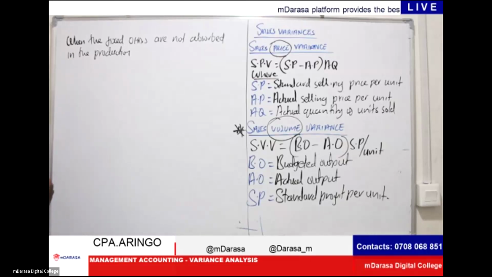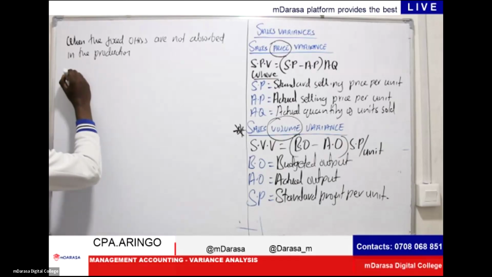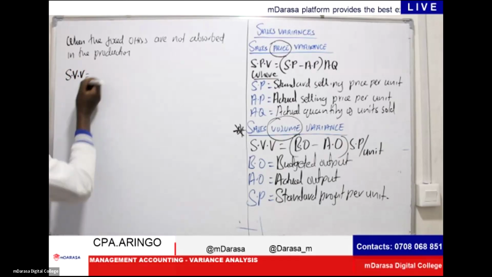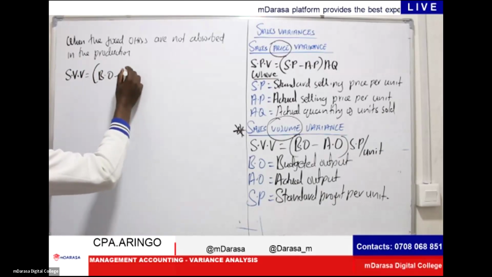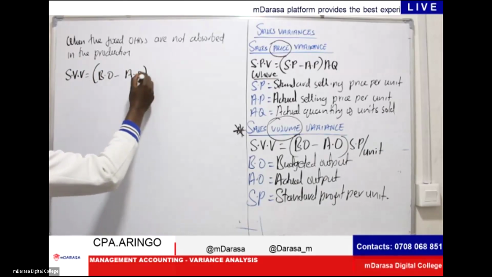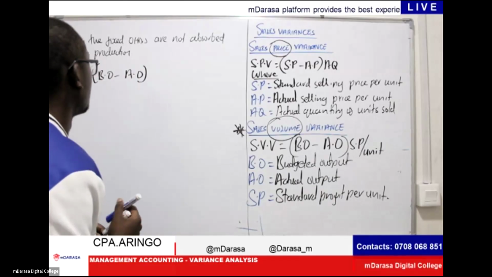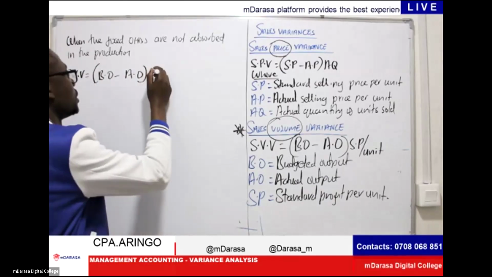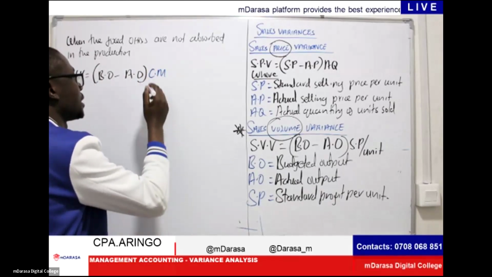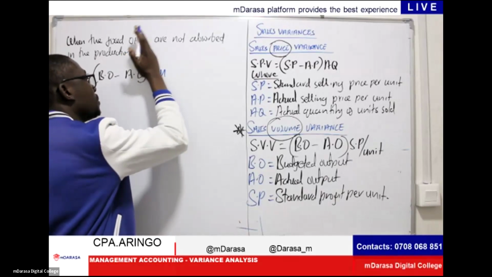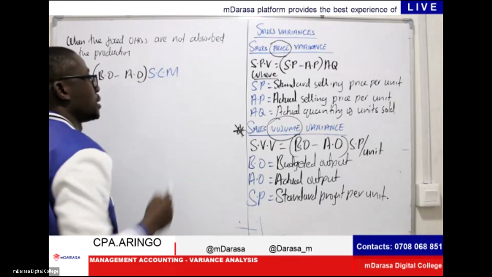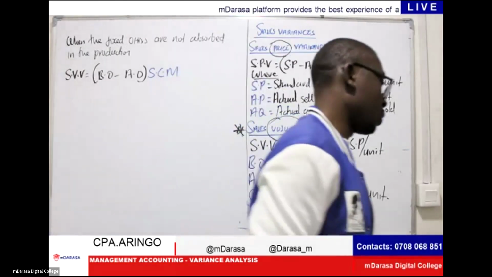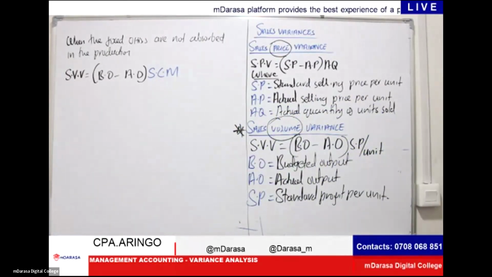Our sales volume variance will then be determined as follows: budgeted output minus actual output, valued at what? Standard contribution margin. Very important.